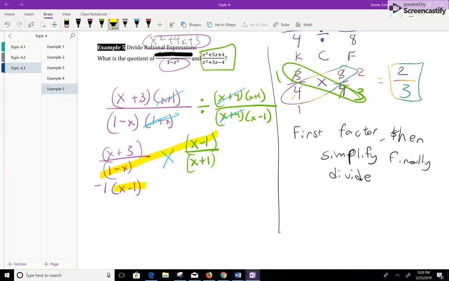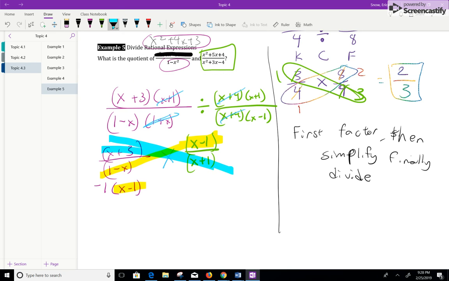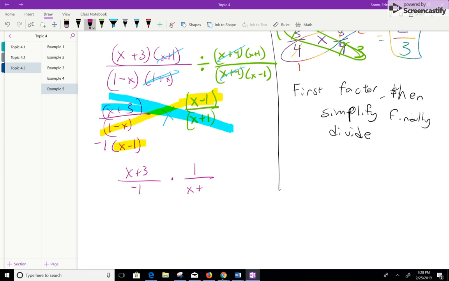And then this and this will cancel. When we look at our other direction for cross-canceling, x plus 3 and x plus 1 don't have anything in common. So what we end up having is x plus 3 over negative 1 times 1 over x plus 1. And when we multiply that out, we get x plus 3 over negative 1 times x plus 1.